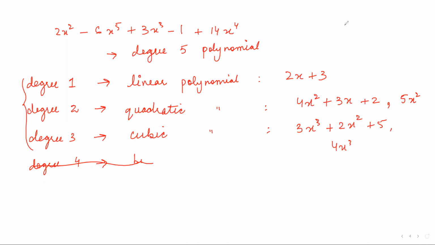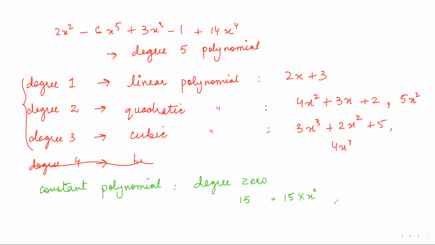So there is another term, which is sometimes written constant polynomial. Now, what is a constant polynomial? Actually, degree 0, right? So for example, if I simply write a number 15, that's it. Ultimately, 15 can be written as 15 into x to the power 0.